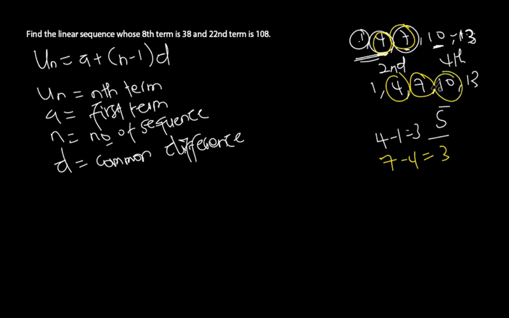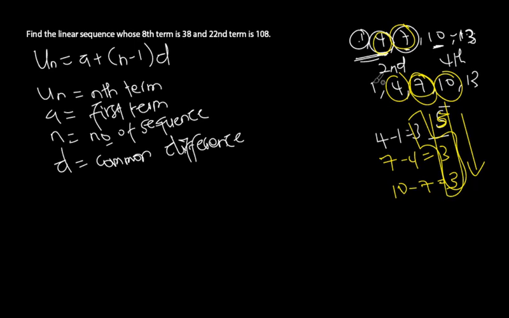Or you use 10 and 7, so 10 minus 7, which is still 3. It doesn't matter what you do in an AP, the difference is always the same. So the difference will always be 3.